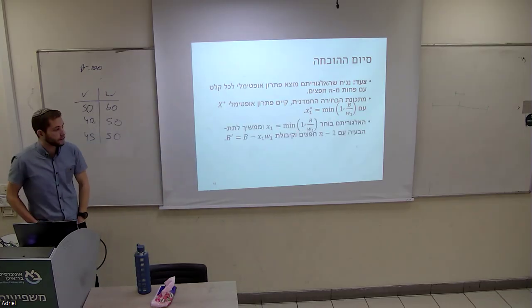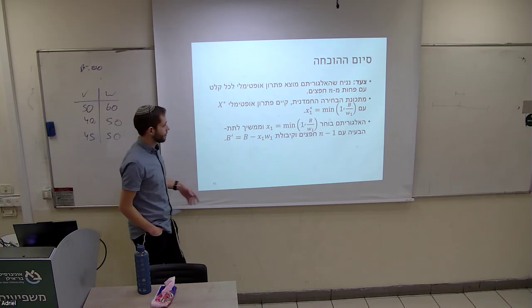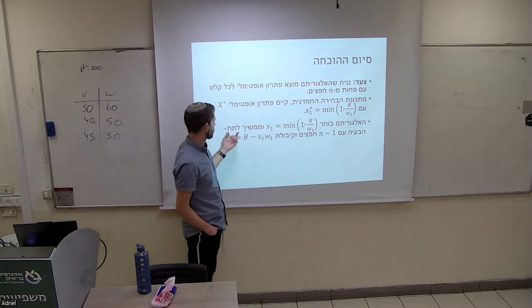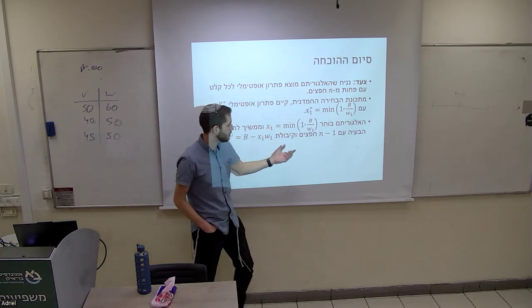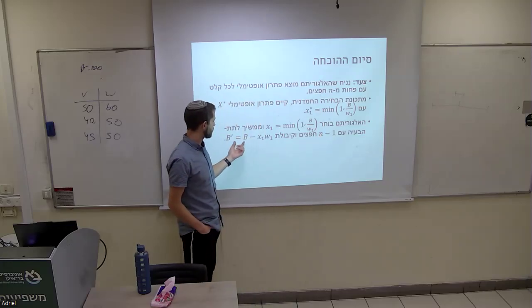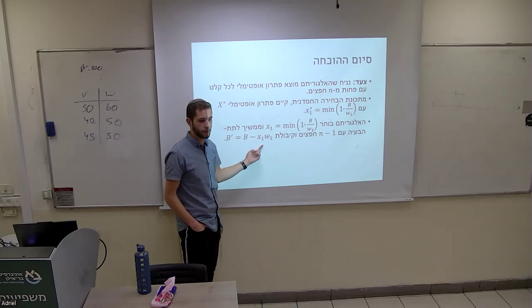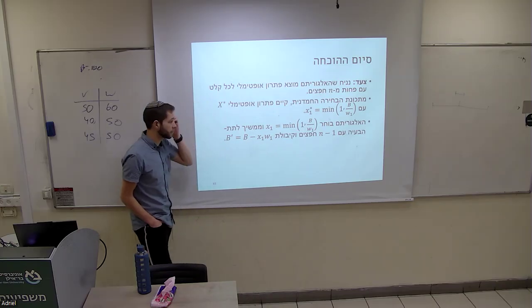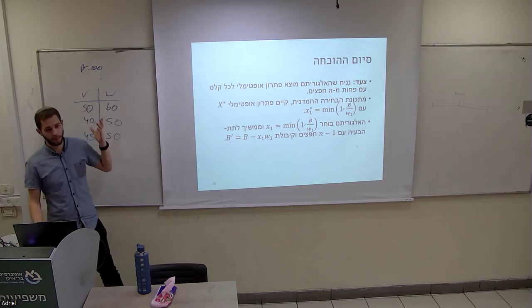The algorithm chooses x1, which is the minimum, and continues to the subproblem of n minus 1 items, and a knapsack which now we subtract the amount that we took from that first item times its weight. So we subtract the amount of weight that we took.